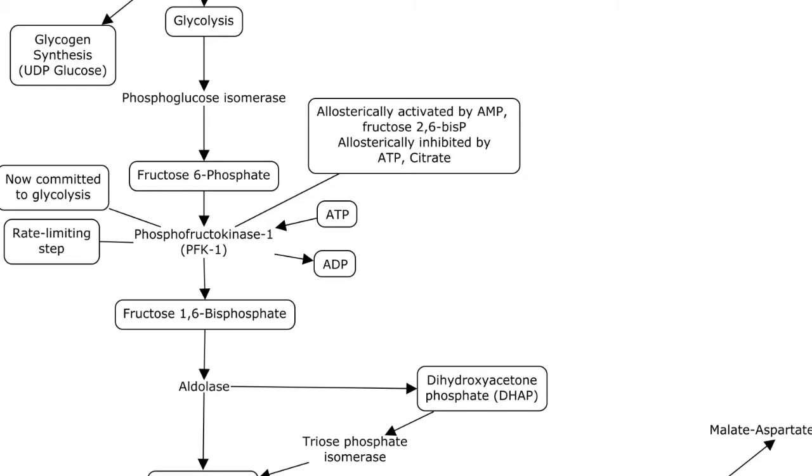This step with this enzyme PFK1 is also the rate limiting step of glycolysis. And again, this enzyme is regulated. It can be allosterically activated by AMP or fructose 2,6-bisphosphate, or allosterically inhibited by ATP, which makes sense. If you've gotten a lot of ATP, you might not need to make more. And then citrate, which we will see later on.